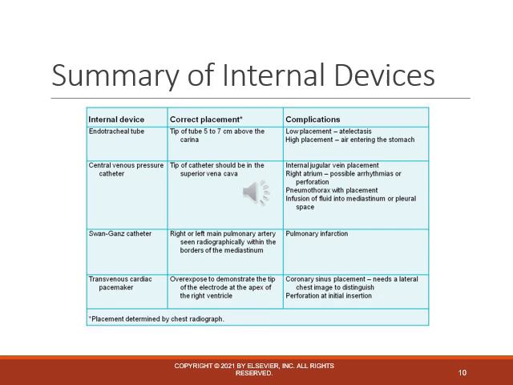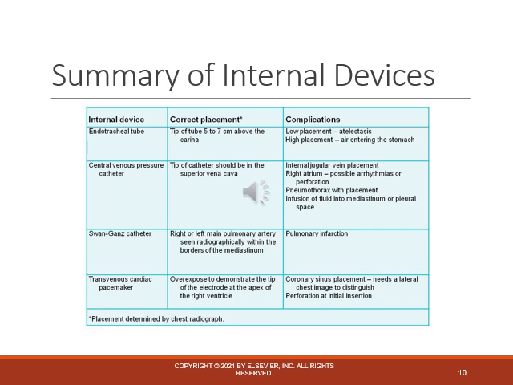It will go through the subclavian, usually the superior vena cava, into the right atrium of the heart, the right ventricle, and then it will float like a swan up into the pulmonary artery. One of the complications with this is a pulmonary infarction, especially if it's advanced too far.